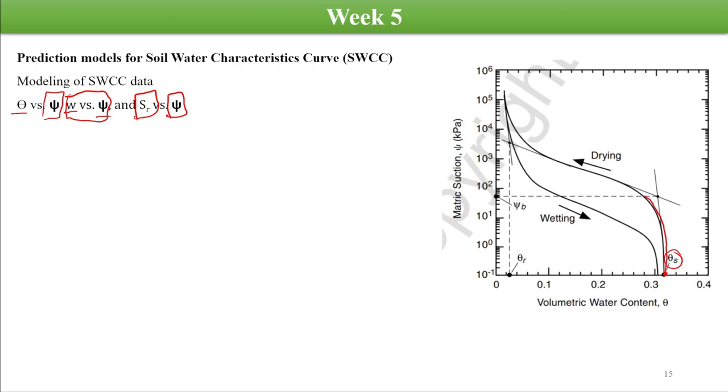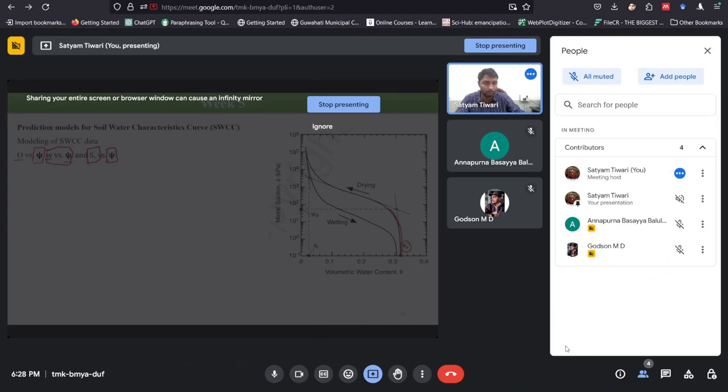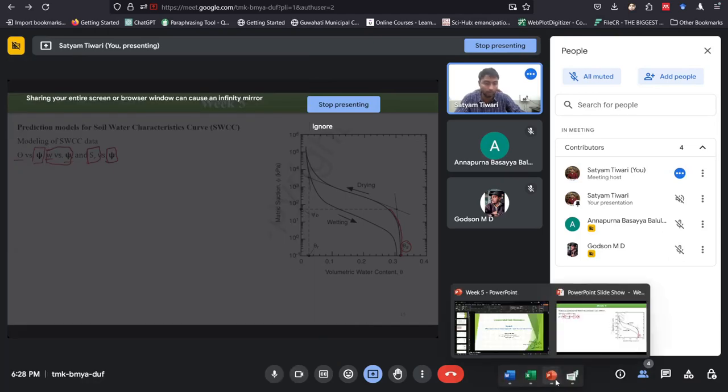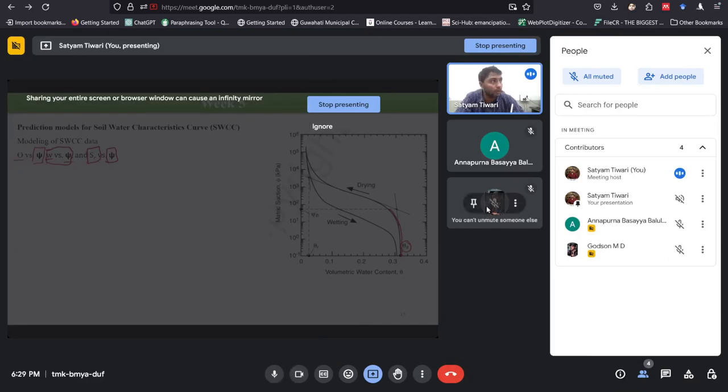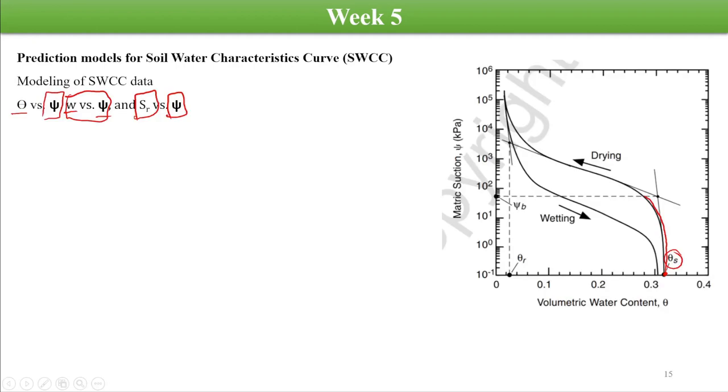And at a particular point it will start following this part, and after a particular point, theta r, it will not be able to extract any water from the soil, right?